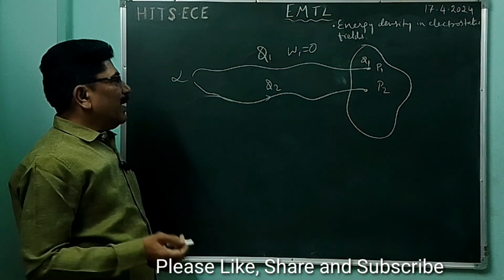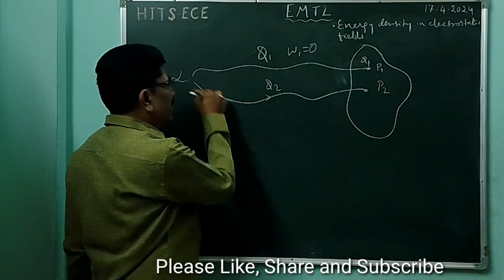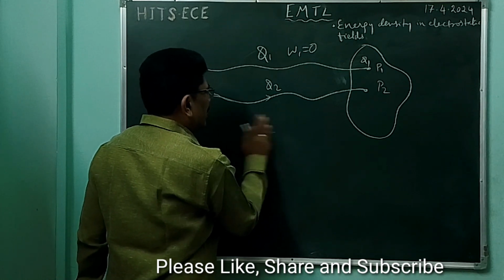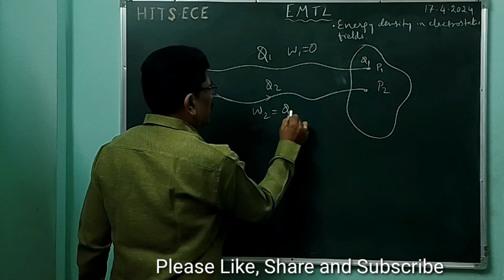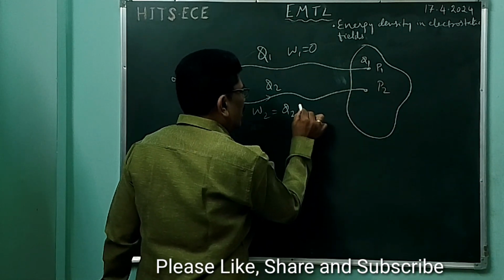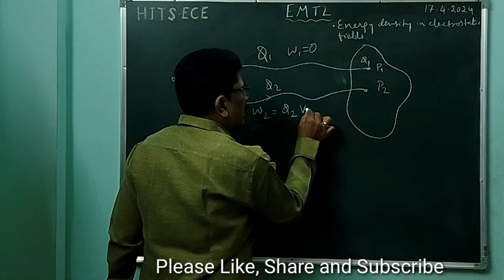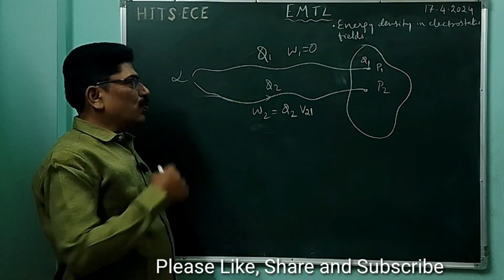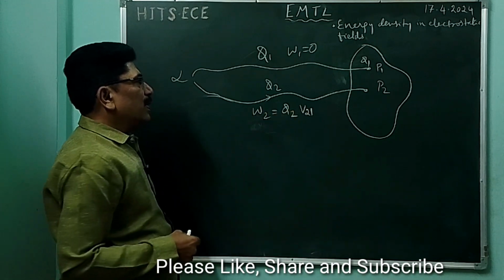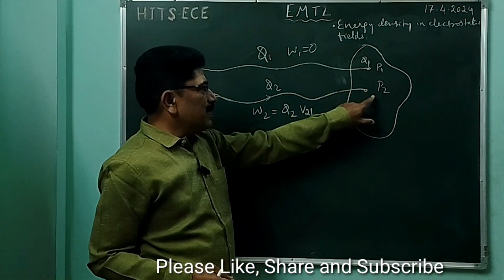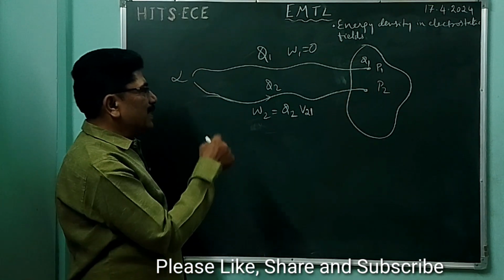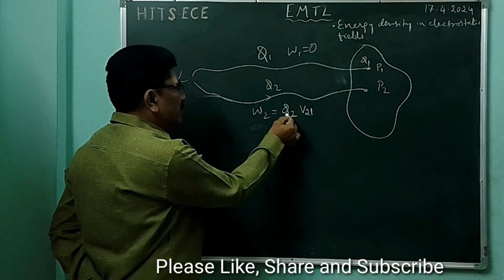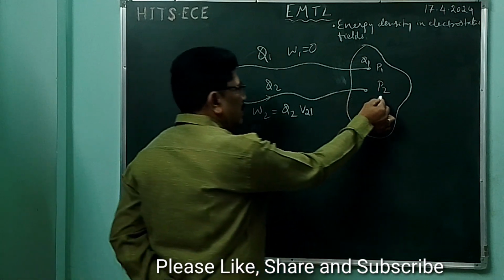So the work required to move Q2 from infinity to P2 is W2 equal to Q2 into V21, where V21 is the potential due to Q1 at point 2.